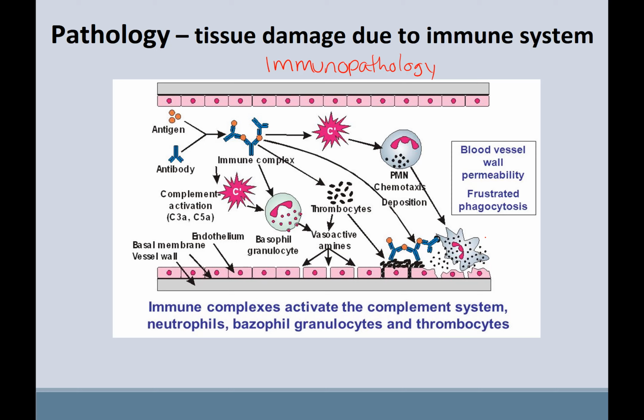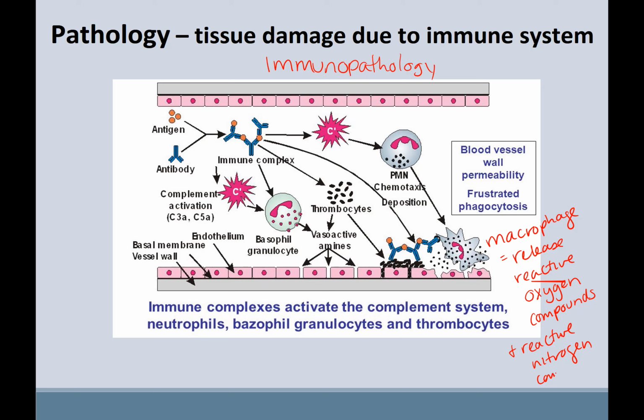So like macrophages, remember, they can release reactive oxygen compounds and reactive nitrogen compounds. And the point of these is to damage the pathogen, but it's not specific, so it can damage your tissue as well.